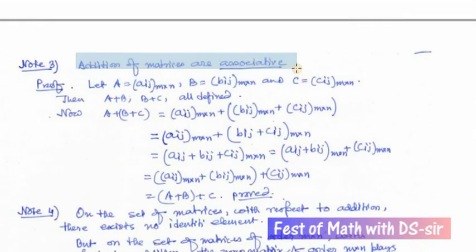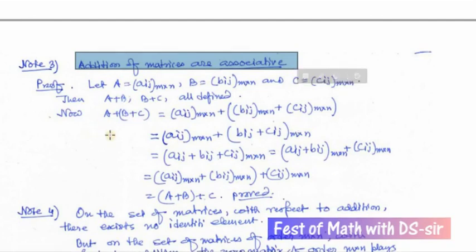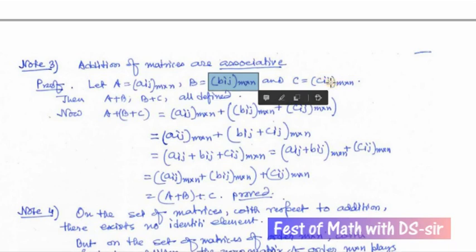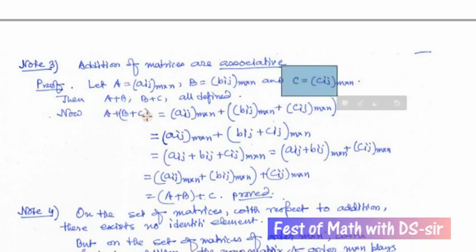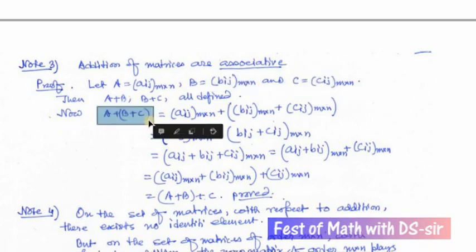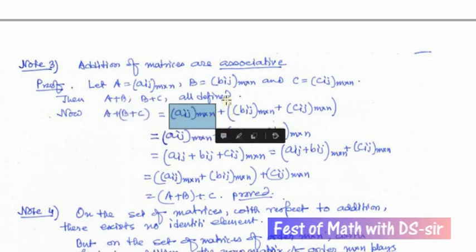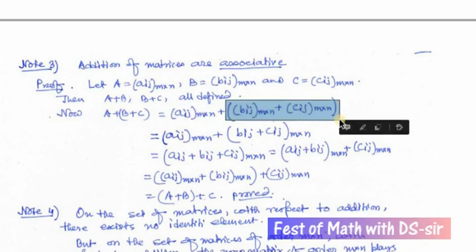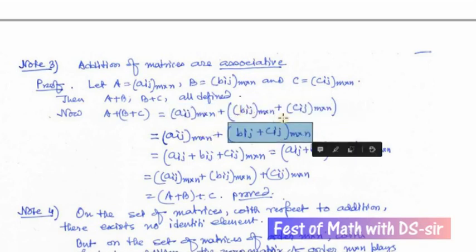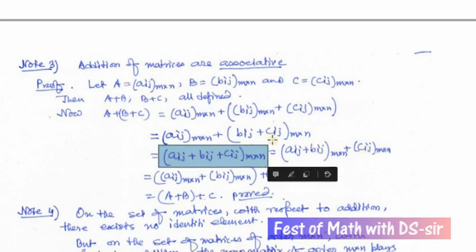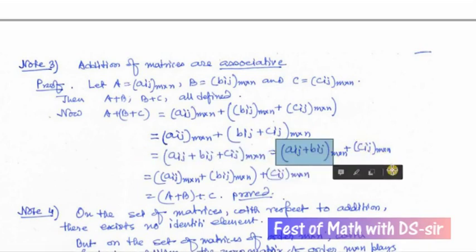Note 3. Addition of matrices is associative. That I have given proof. A is [aij], B is [bij], C is [cij]. So A plus (B plus C). First we have to do the calculations within the first bracket. I have done it: bij plus cij is added to aij. Now this can be expressed as this plus this.